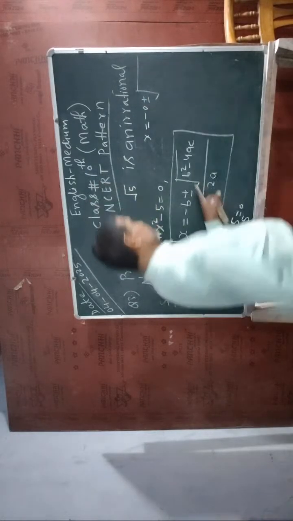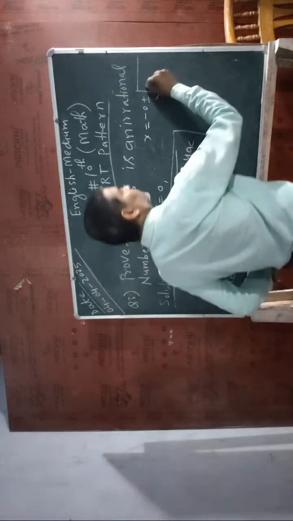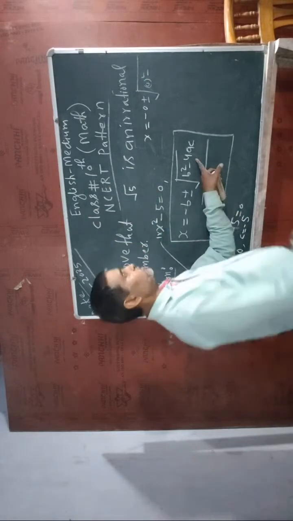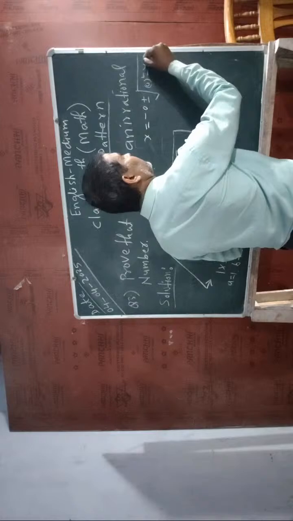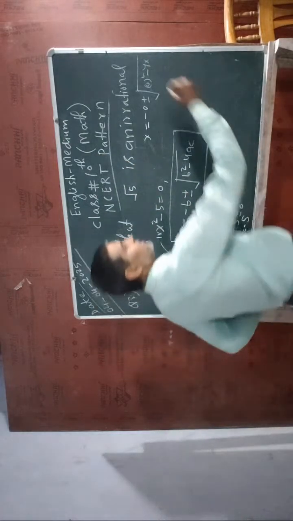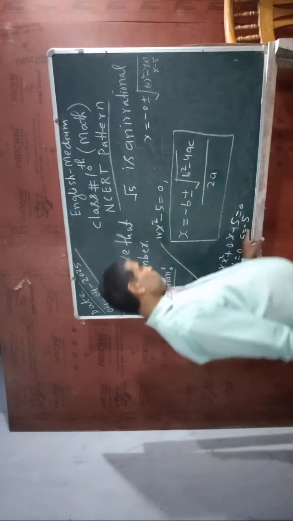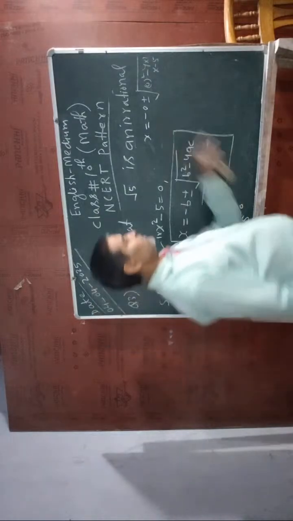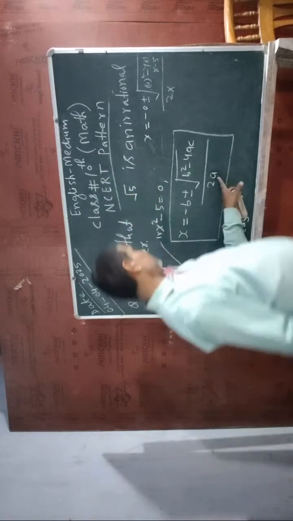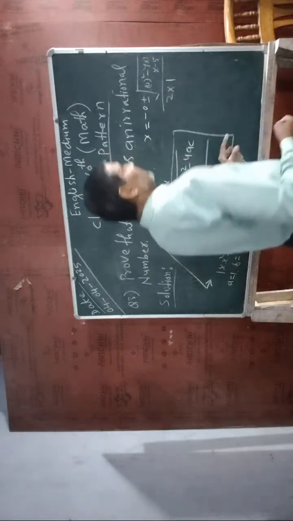Now here b square is available, and the value of b is 0, so I will put 0 square minus 4, and the value of a is 1, so I will put 1 into the value of c, which is -5. Because the value of c is -5, I will put -5 divided by 2 into a, 2a. The value of a is 1.